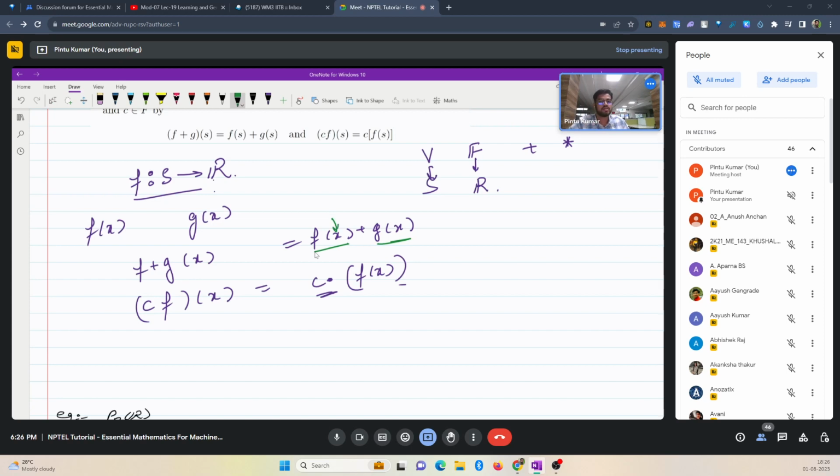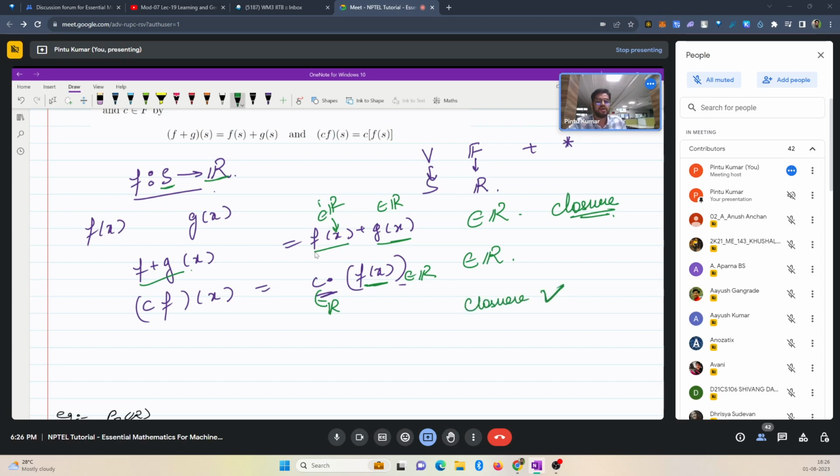It takes x and gives you a number, where f of x belongs to R and g of x also belongs to R, so their sum also belongs to R. So f plus g is also a function from S to R. The closure property is satisfied. Similarly, if f of x belongs to R, then the multiplication of two real numbers is always a real number, so this product will also belong to R. Among the properties that we wanted to check for a vector space, closure is done.